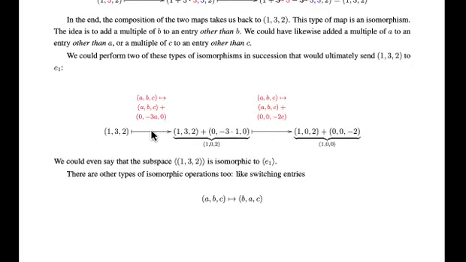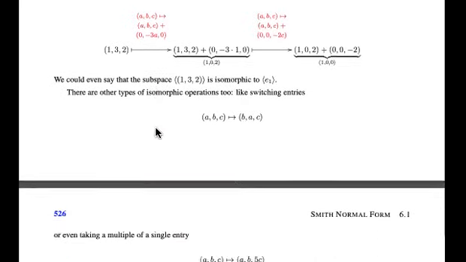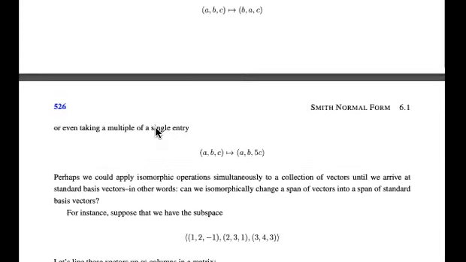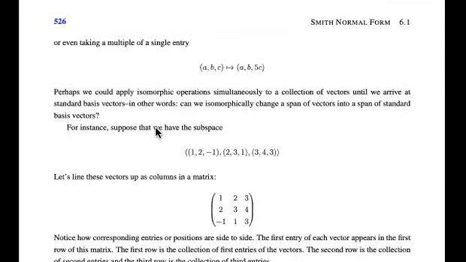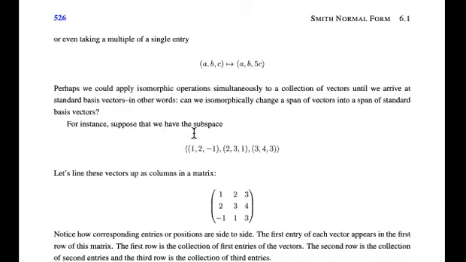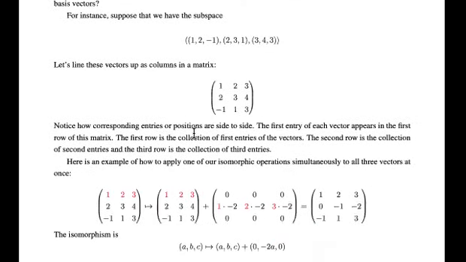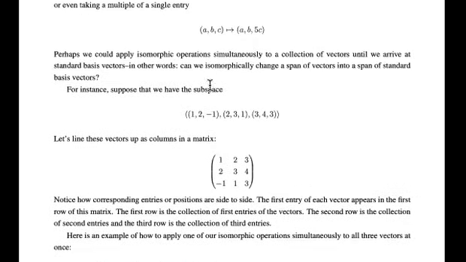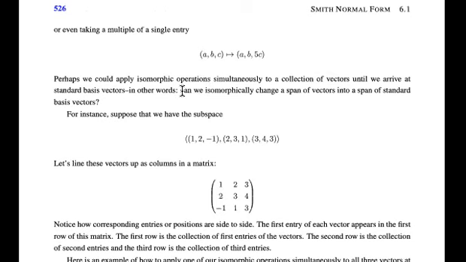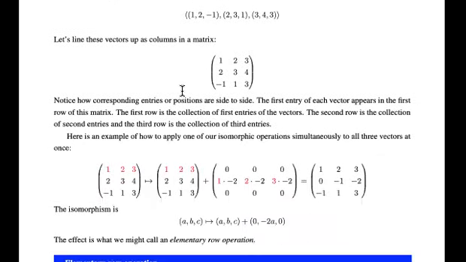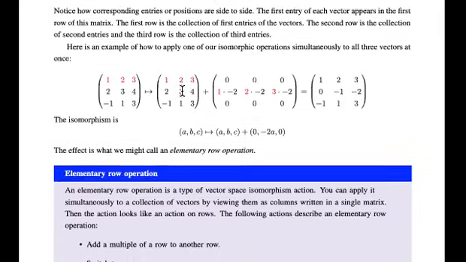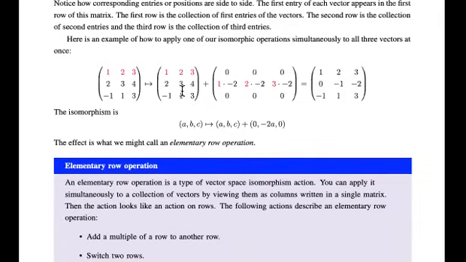We can add to one of the entries a multiple of another entry. So you take one entry and add a multiple of another entry. That is a viable isomorphism. Other isomorphisms are like switching elements and multiplying one of the elements by something and so forth. We can actually view these as vector space operations.